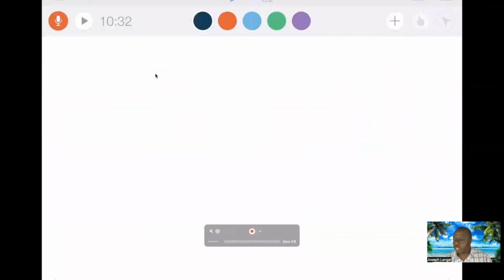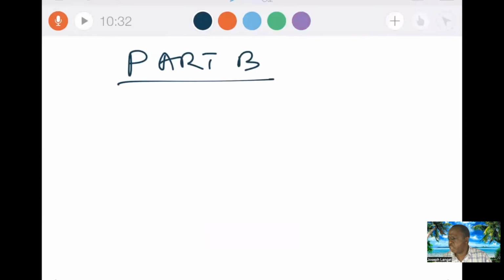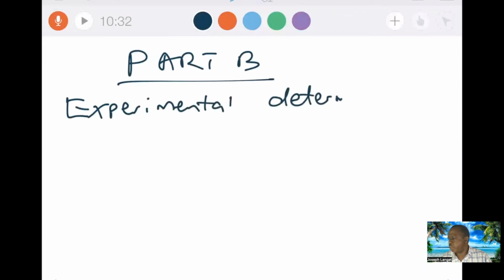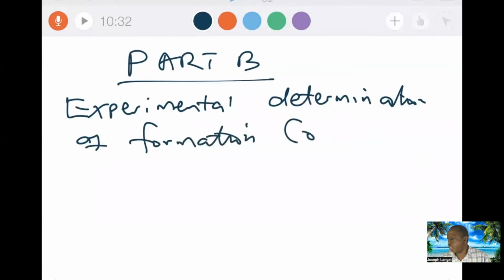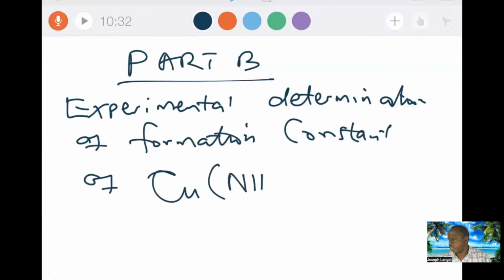Let me explore this part P. Part P here is simply the experimental determination of the formation constant of copper NH3 4 2 positive.